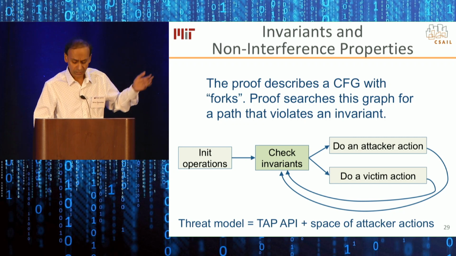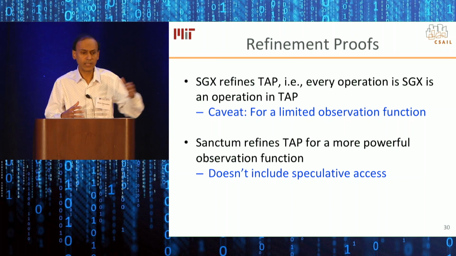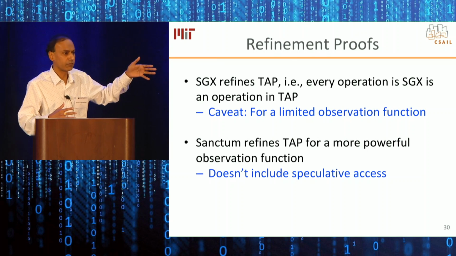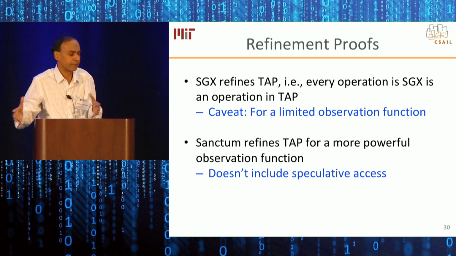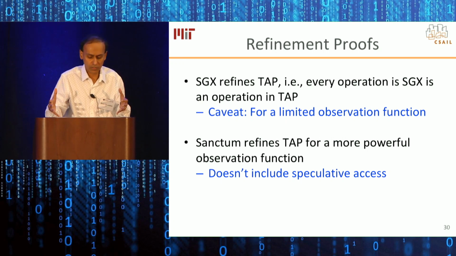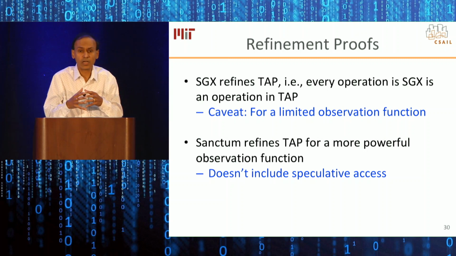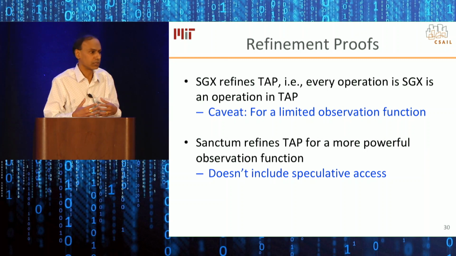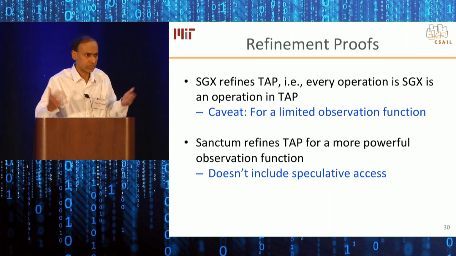I mentioned the threat model, and it's important to keep that in mind, because the observation function and the tamper function are obviously an important consideration in whether you have security or not, perhaps the most important consideration. SGX is in fact secure under a fairly limited observation function where you ignore side channels and shared caches and so on.